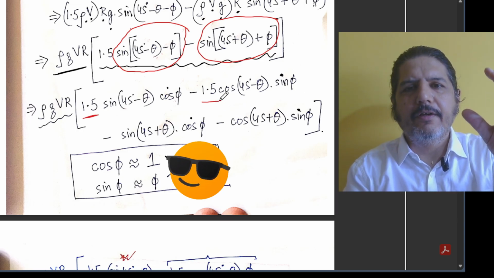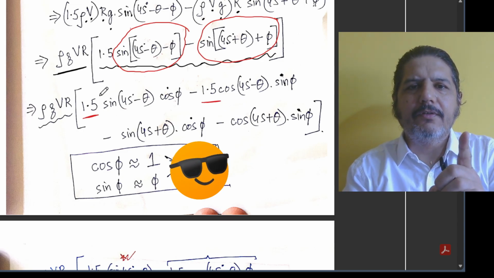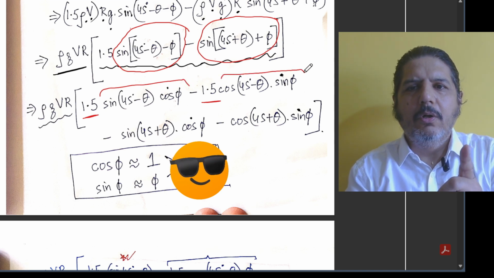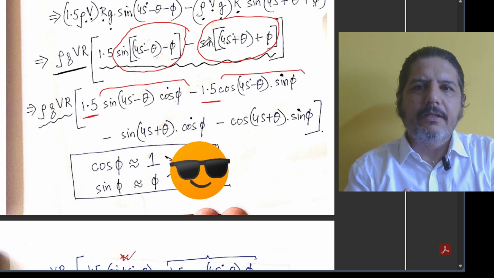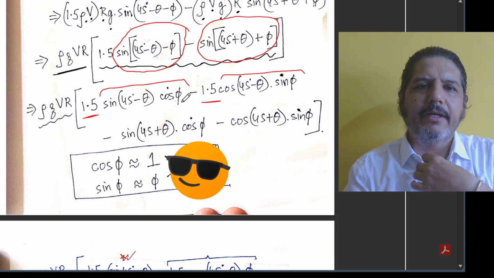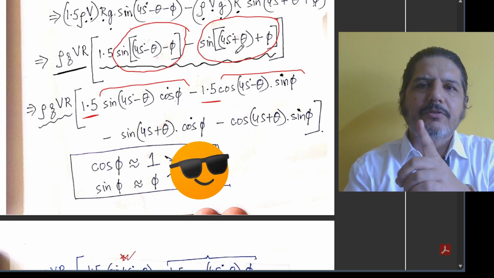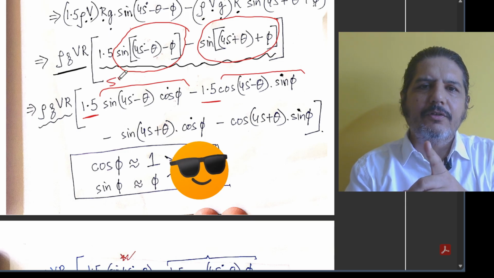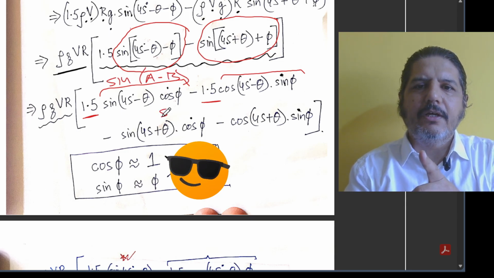So this is 1.5 sine A cos B minus cos A sine B, this is minus 45 plus theta plus phi. Again, this is the expansion of sine A minus B, and this is the expansion of sine A plus B.